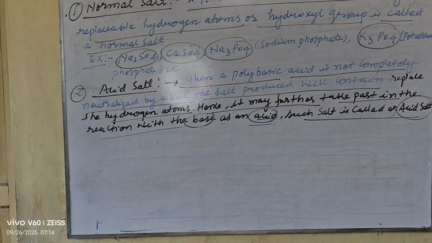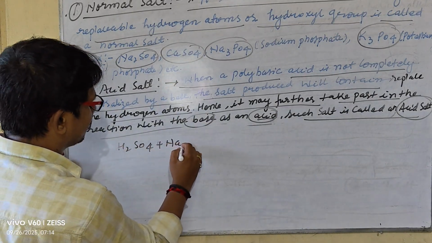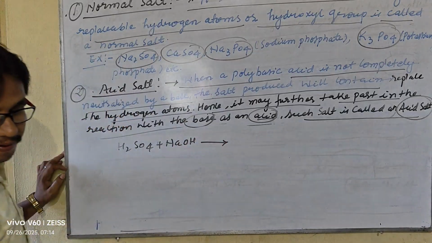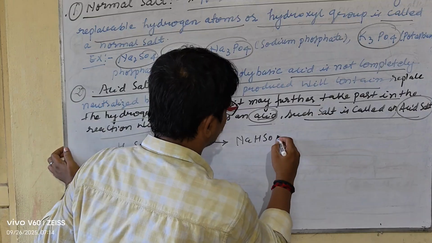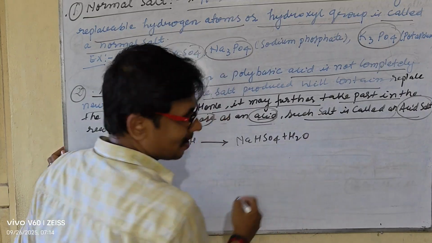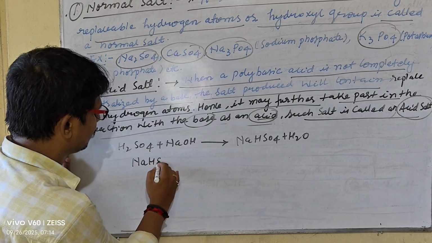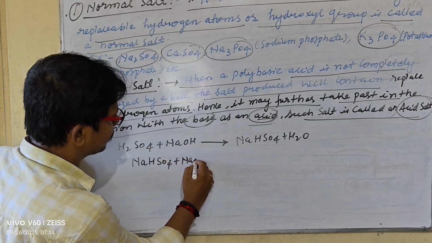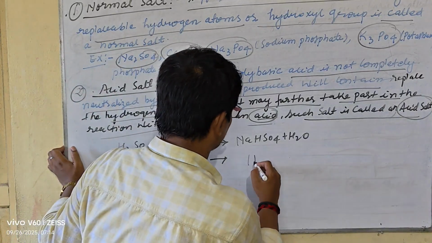Write the examples. H2SO4 plus NaOH gives NaHSO4 plus H2O. And NaHSO4 plus NaOH gives Na2SO4 plus H2O.